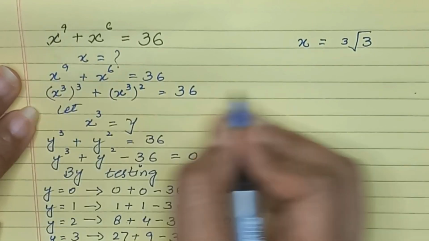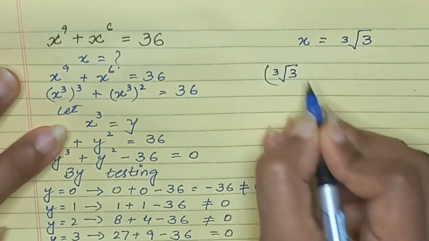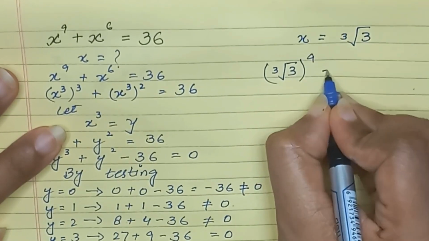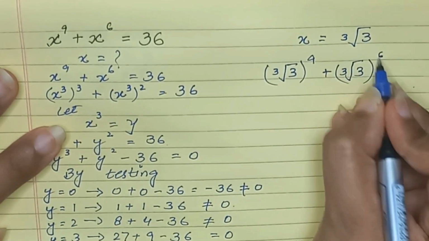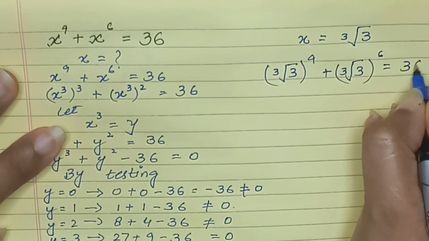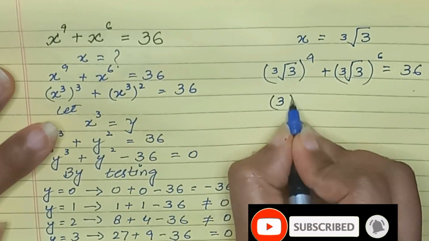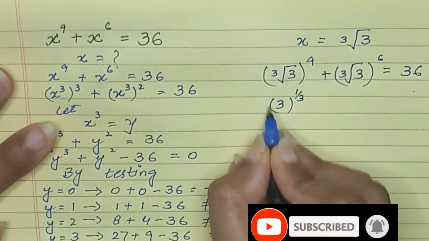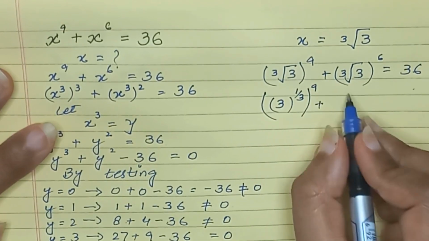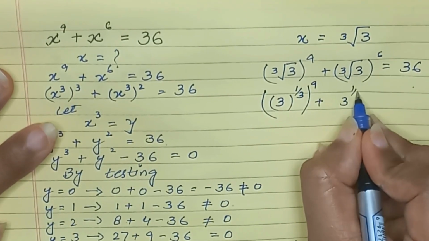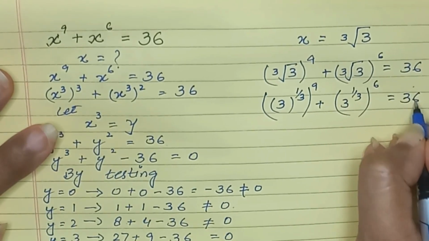So we put the value: cube root of 3 to the power 9 plus cube root of 3 to the power 6, equal to 36. The cube root can be written as 3 raised to the power 1 divided by 3, and its whole power is 9, and the same for the other term with power 6.